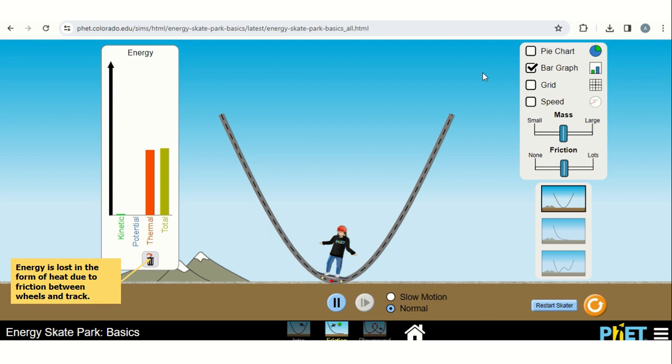Notice how the thermal energy increases as the skateboarder is eventually turning into a stop.